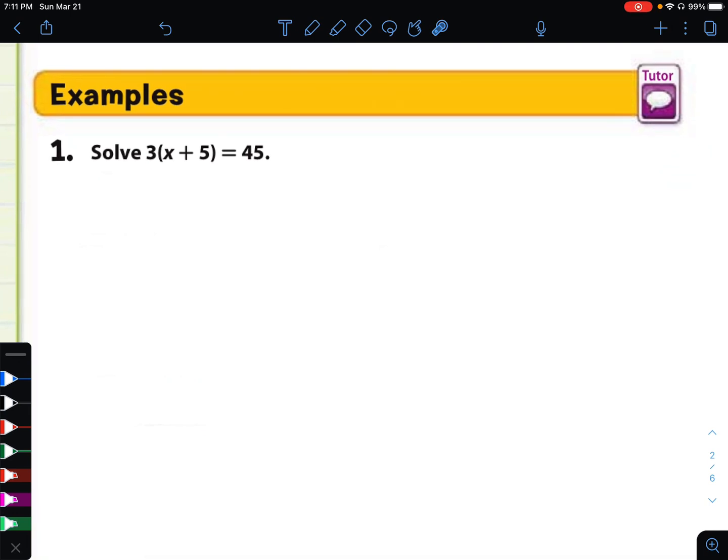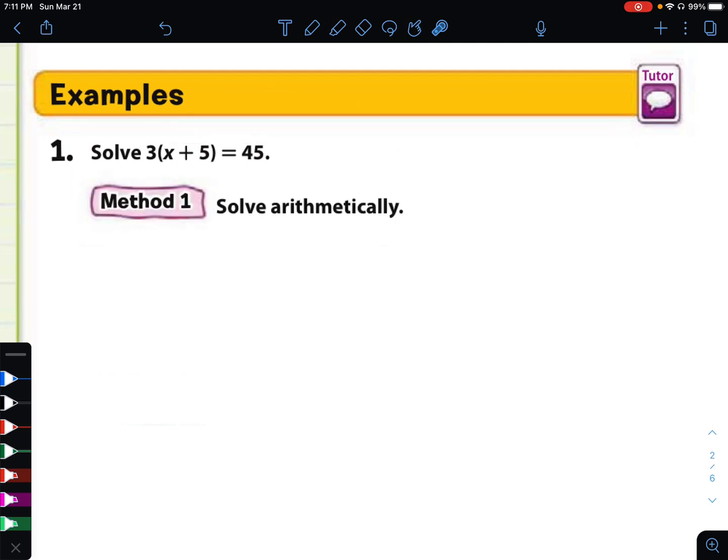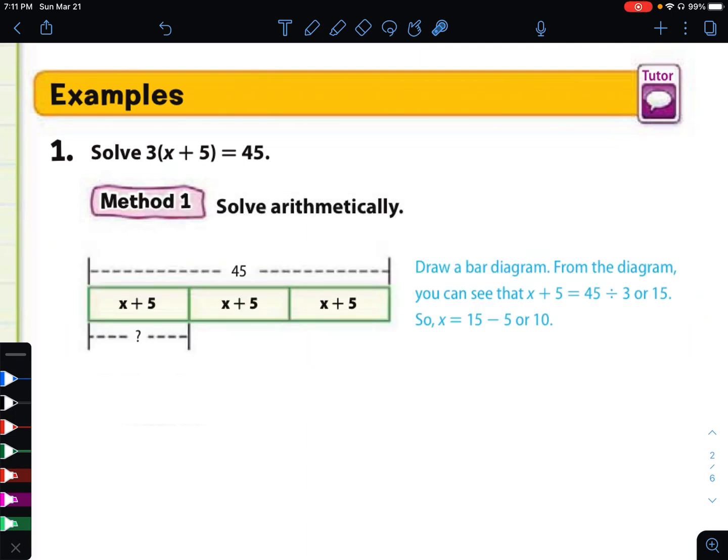So let's take a look at example number one. Example number one says solve 3 times the quantity (x plus 5) equals 45. Method number one, we're going to solve this arithmetically, meaning we are going to draw a bar diagram. So we basically have 3 of the x plus 5, so 1, 2, and 3.